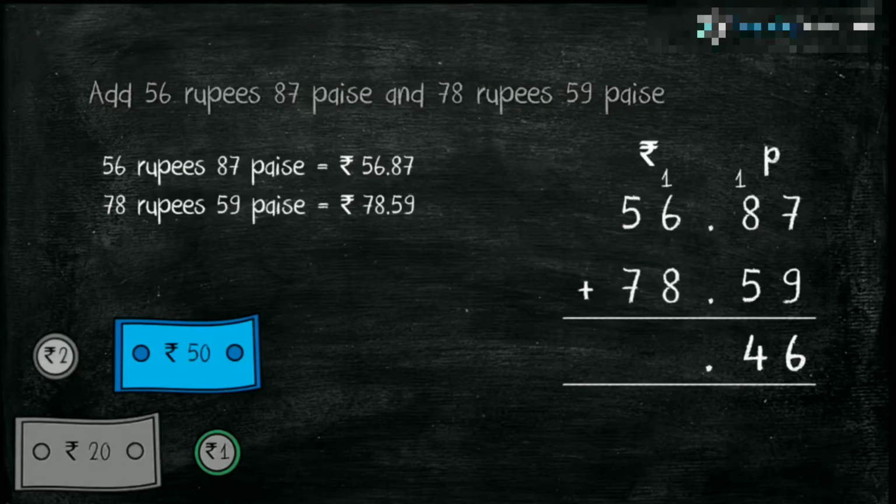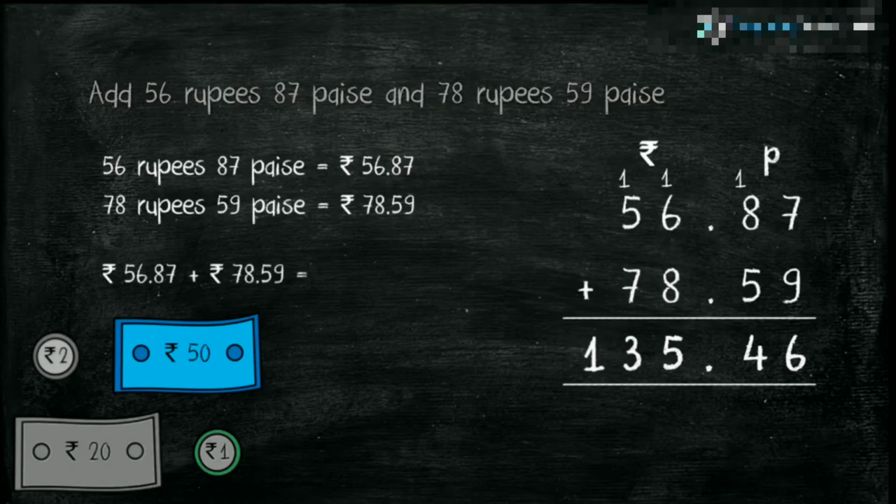Let's add rupee column now. 1 carry plus 6 plus 8 equals 15. Carry 1 and 1 carry plus 5 plus 7 equals 13. Therefore, answer is rupees 135.46.